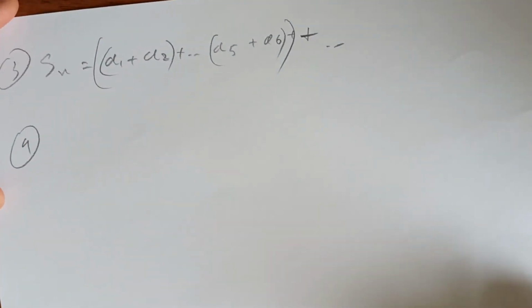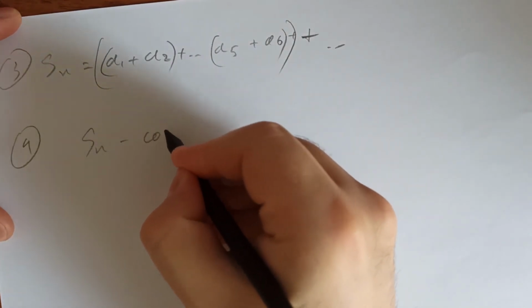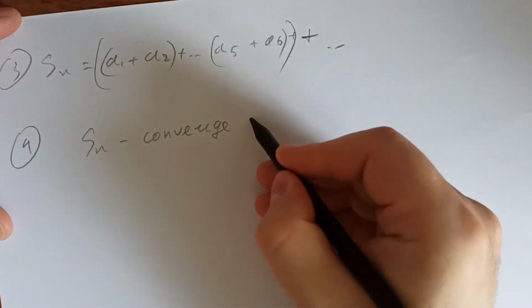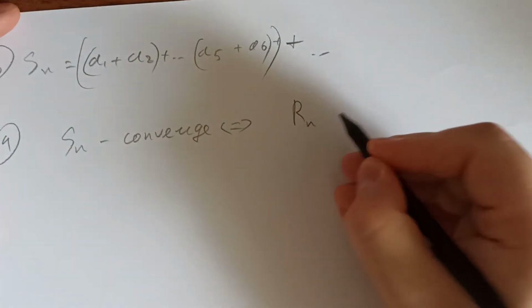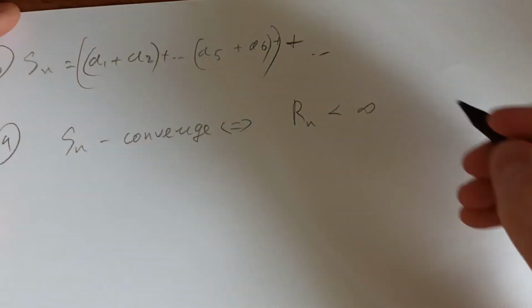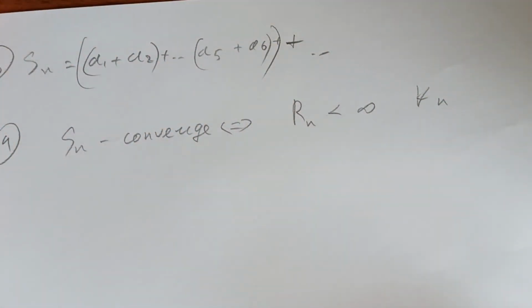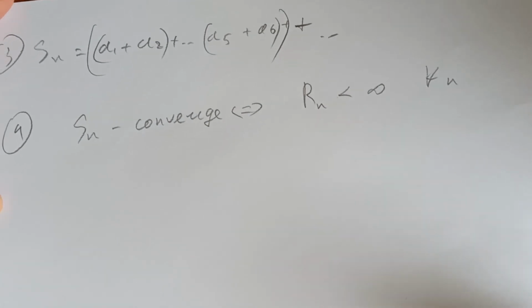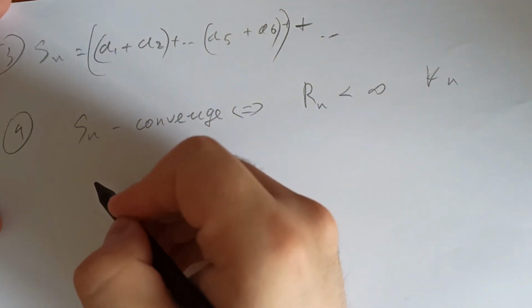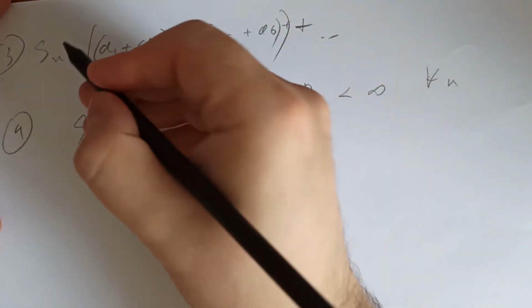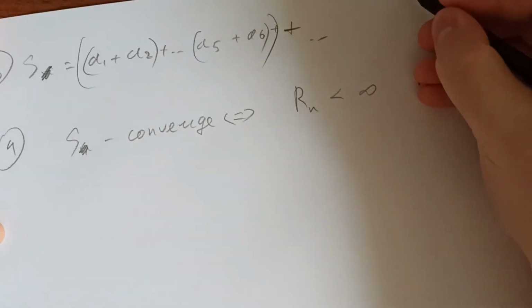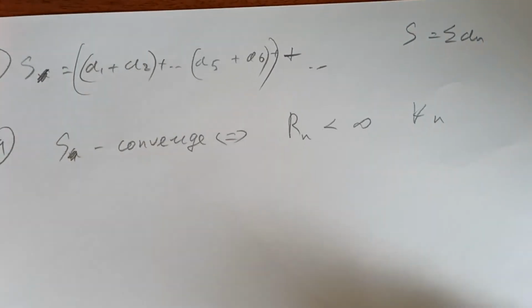And fourth property, that our series can be convergent if and only if the remainder is finite for every n. Because we have actually just s here and here, where s is the sum an.